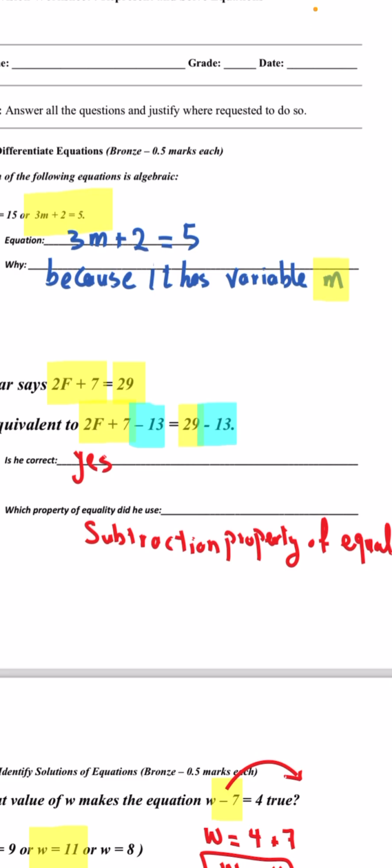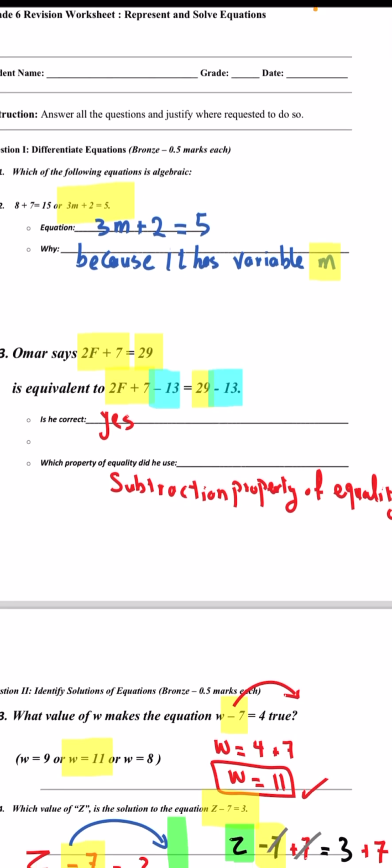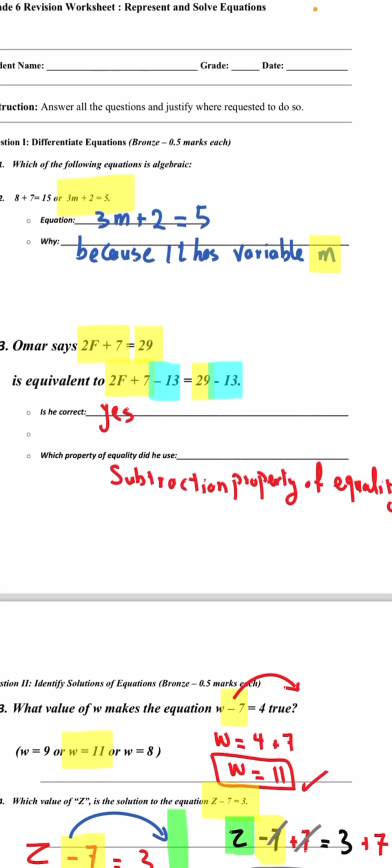But if on one side they add 13, and on the other side he subtracts, it's wrong. But here in this case he subtracts the same number from both sides, so it's correct, it's equivalent. As you know, we have the addition property, subtraction property, multiplication property, and division property.